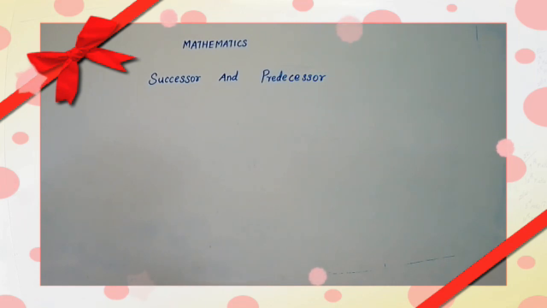We can get the successor of a number by adding 1 to it. If they give some digits of a number, adding 1 gives the successor. Subtracting 1 gives the predecessor.